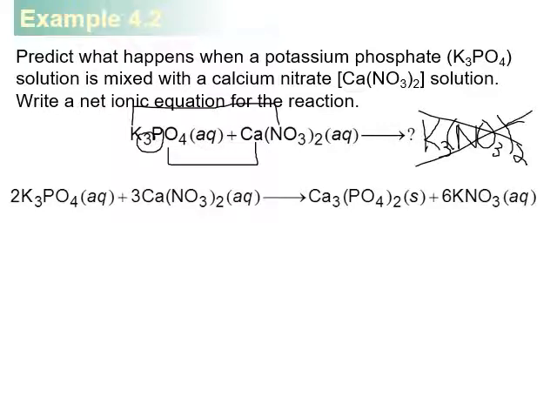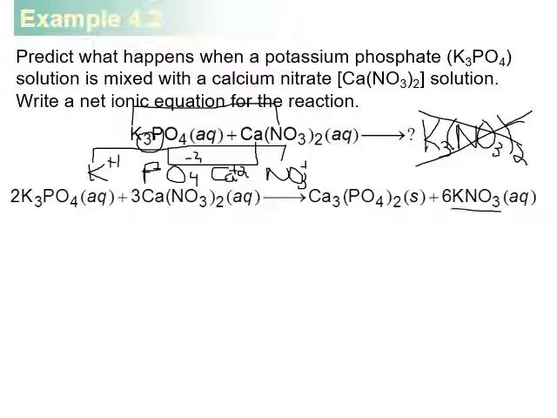So the goal is to break it up into its pieces, and you see that potassium likes to be positive 1, phosphate is negative 3, calcium is positive 2, nitrate is negative 1. So when potassium goes with nitrate, you see there's a negative 1 and a positive 1, so they only need 1 of each.